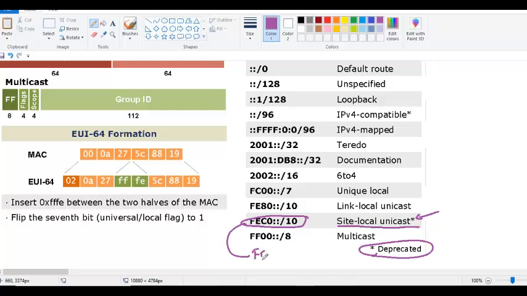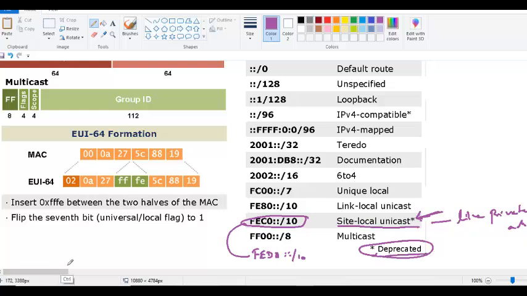Both this FEC0 and FED0, they are site local unicast address, like a private address, but it is deprecated, meaning what? It's cancelled. No more this reservation.